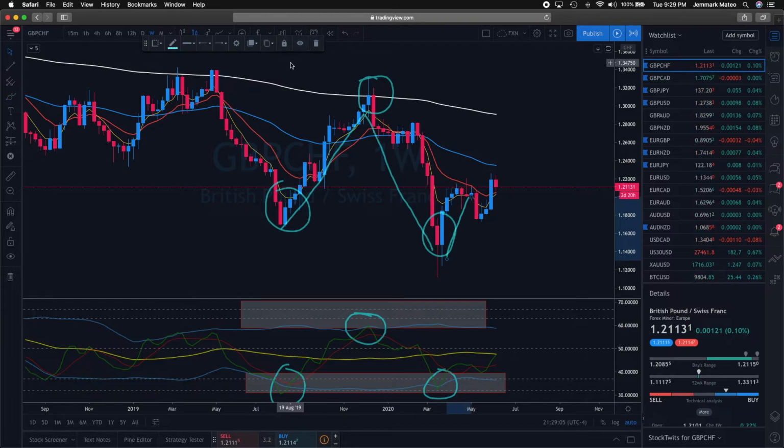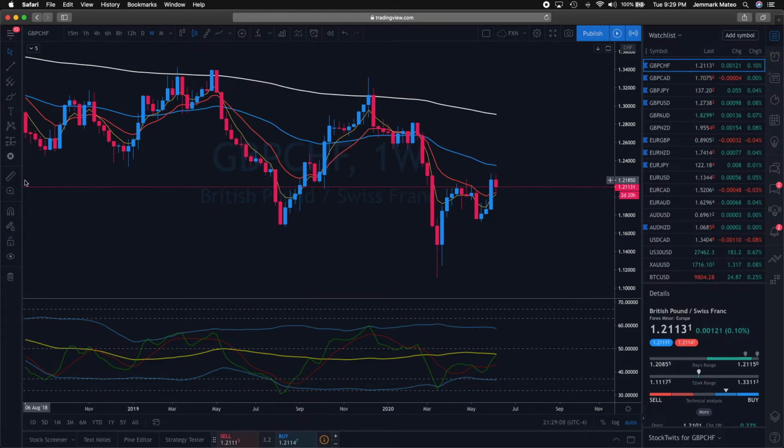How long do you think those trends are? This one started August of 2019 and ended December. This one started December, ended in March of this year, and the current one started in March of this year and is still going. Do you see what I mean?